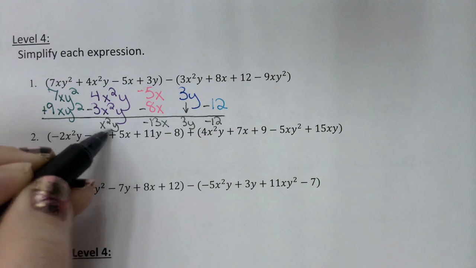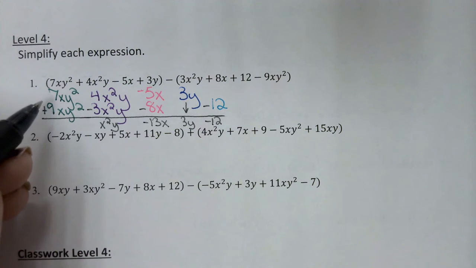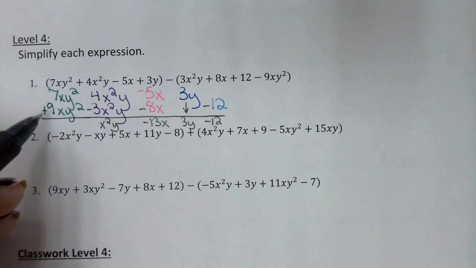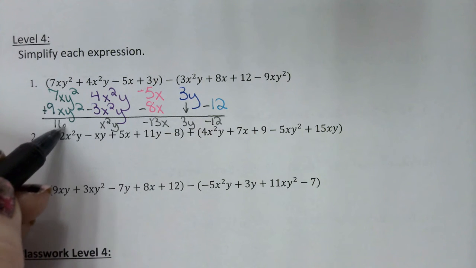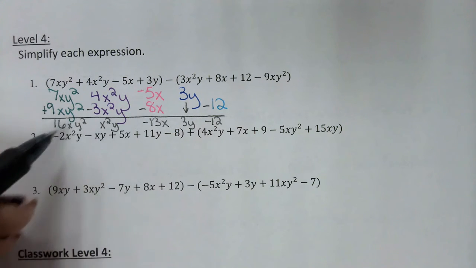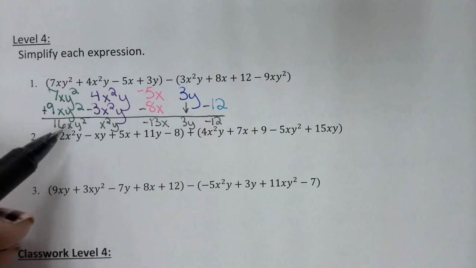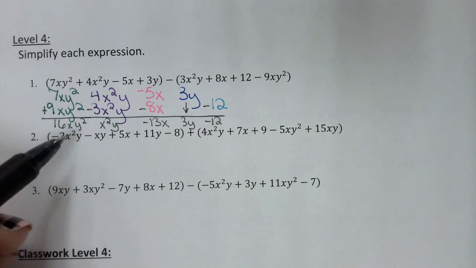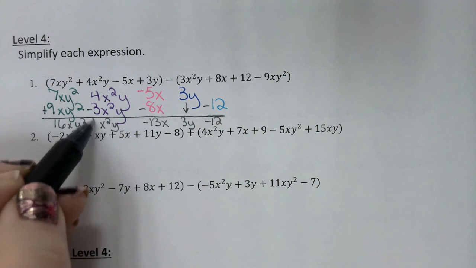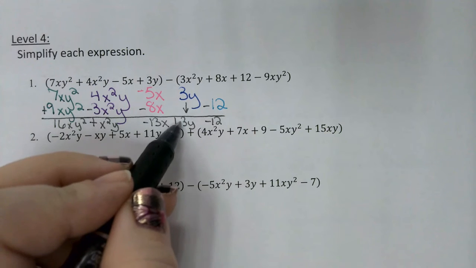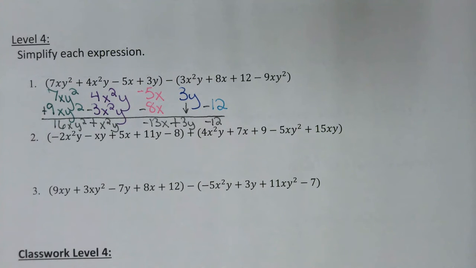Writing the 1 is optional. 7xy squared plus 9xy squared gives me 16xy squared. Check to make sure that each term is separated by either an addition or a subtraction sign. So I need to add my addition signs back in. And there's our polynomial.